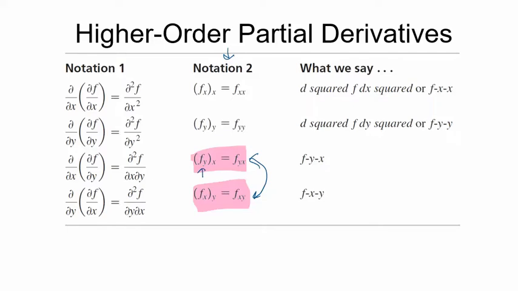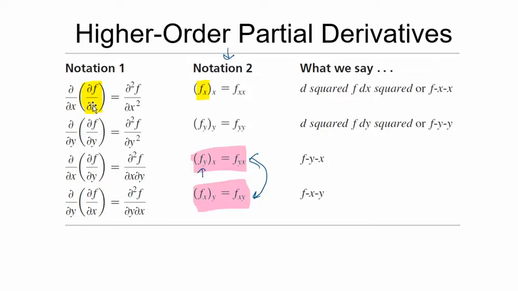And then this notation has more symbols, so to speak, but let's just look at one of these. So this notation is analogous to that notation right there. The partial derivative of f with respect to x. Okay, so I do that first. Then I get this answer.